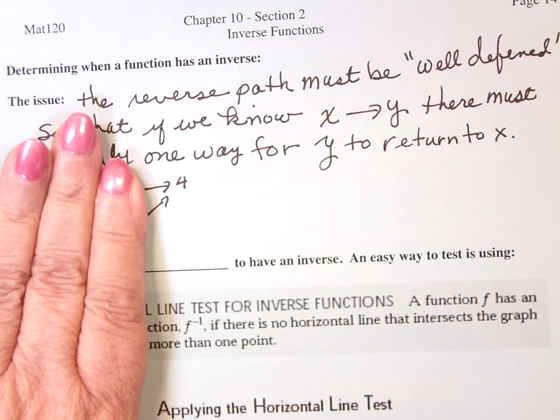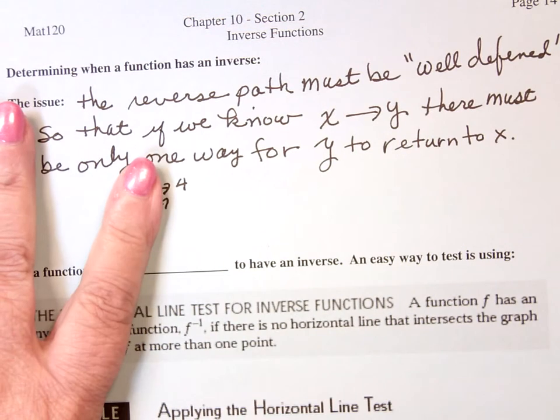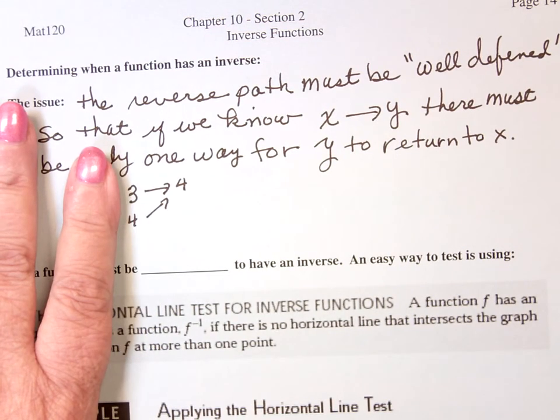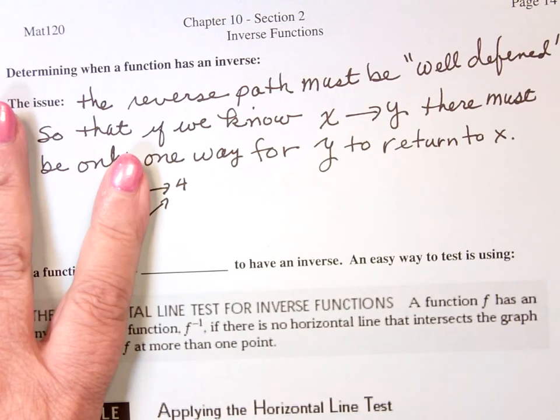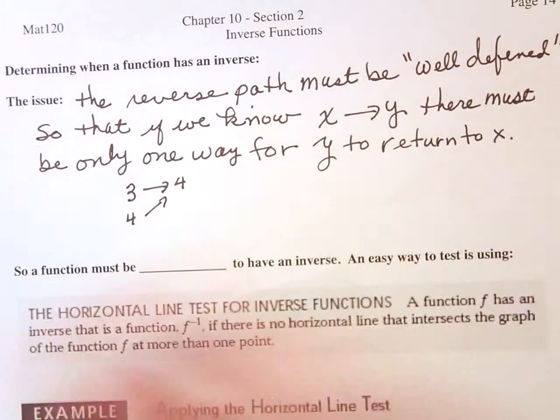What does 4 return to? Well, that's the problem. It can't return to both of them. It's confused. It doesn't know whether it goes back to 3 or whether it goes back to 4. So that's what we mean by the reverse path must be well defined. You have to know what you're going back to. You know how you got there. The problem tends to be when you go back, you don't know where to go back to.